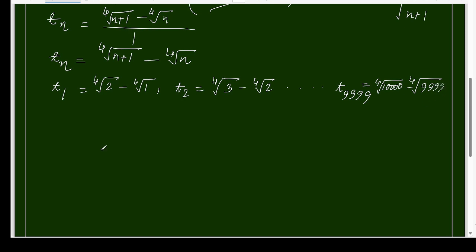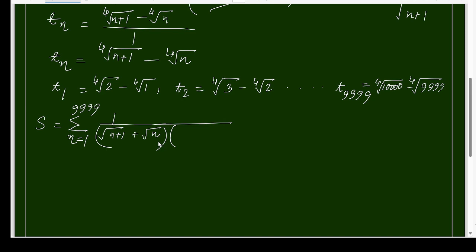So S, the sum from n equal to 1 to 9999 of the question's expression, 1 over square root of n plus 1 plus square root of n and so on. Please note that I am writing in decreasing order of these values.